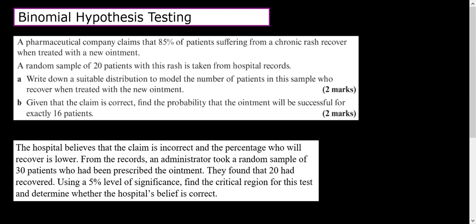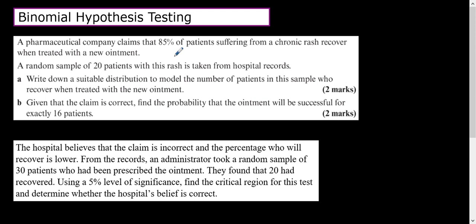We've taken a sample of 30 patients in this instance, and we found that 20 had recovered. So there's this kind of subjective judgment going on here. Is 20 out of 30 representative of the 85% that recover when they're treated with the new ointment? I mean, 20 out of 30 is around about 67%, isn't it? So it seems to me like it's quite a lot less than 85%.